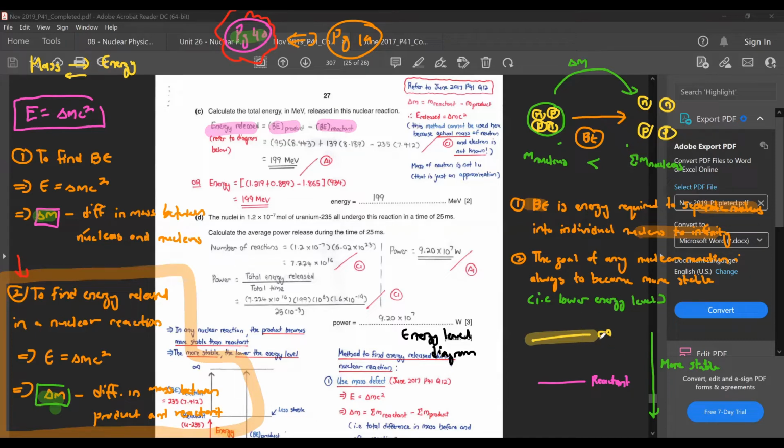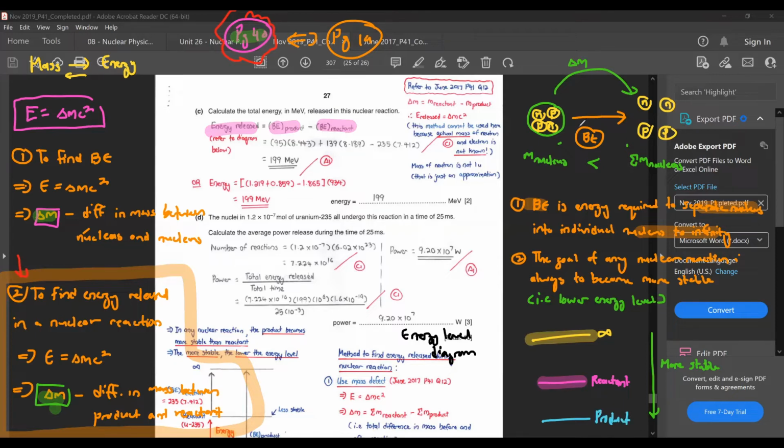This is the highest energy level. Then, say reactant is here right now. If I want to draw a line for the products, the energy level representing the products will usually be lower, at the lower part here. This one represents your products.